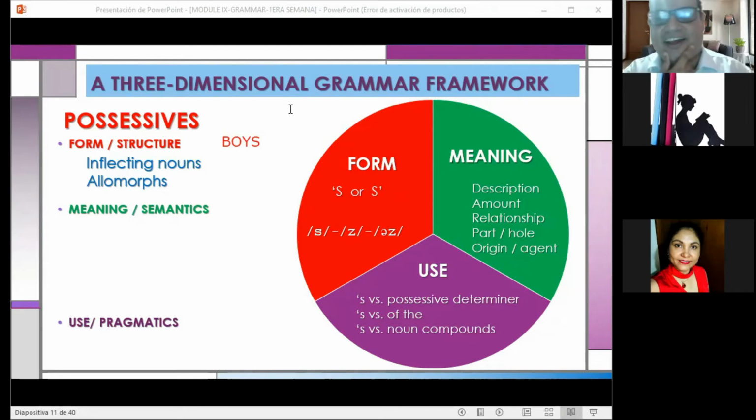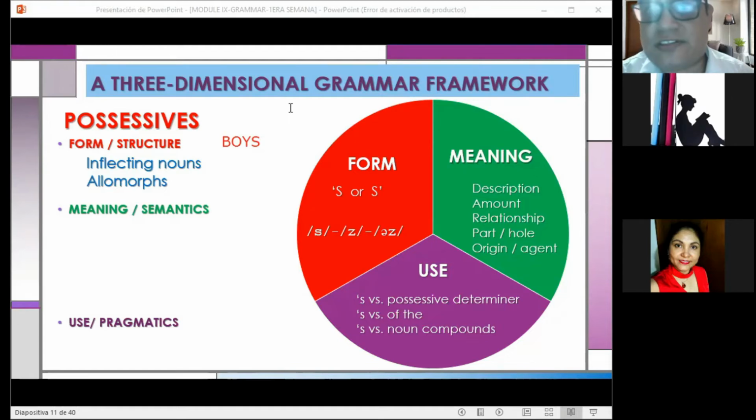Excellent, Elia. Inflection is the process of adding inflectional morphemes, and this is one of these, that modify verbs, tense, mood, aspect, and nouns, that we could see in the possessive or plurality. So you are modifying the noun.